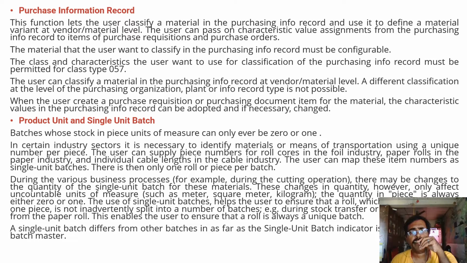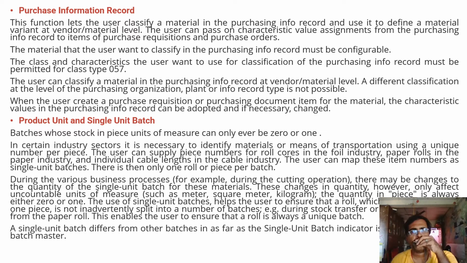The material that the user wants to classify in the purchasing info record must be configurable. So again, the operation also depends on the type of material, right? All these characteristics are specific because the mill industry normally deals with different sizes of material and different character variants, right?